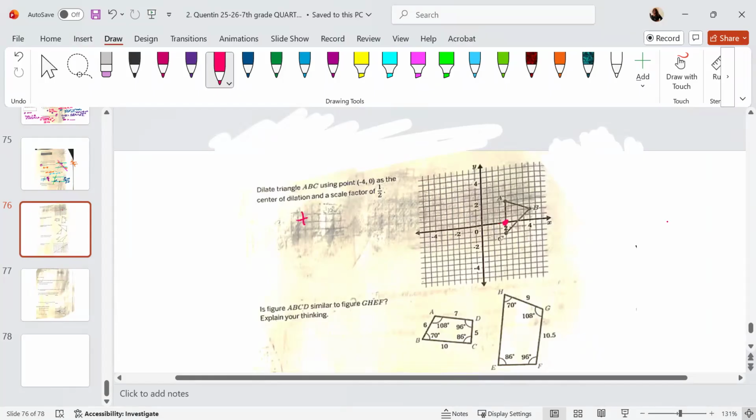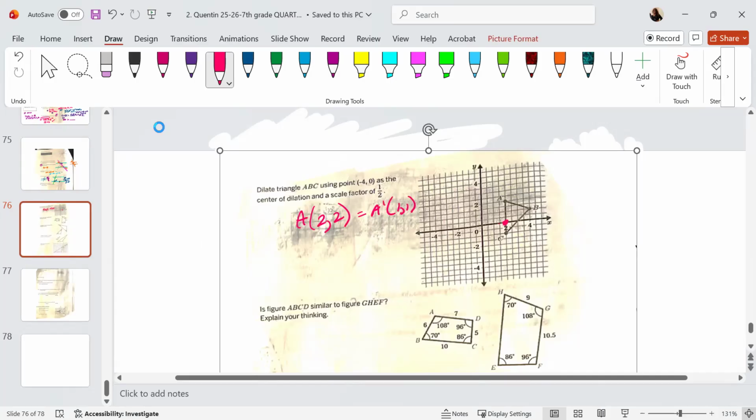A is going to be 2 comma 2, correct? So your new A will be 1 comma 1. Or no, I'm sorry. I'm not sure how you would do this.